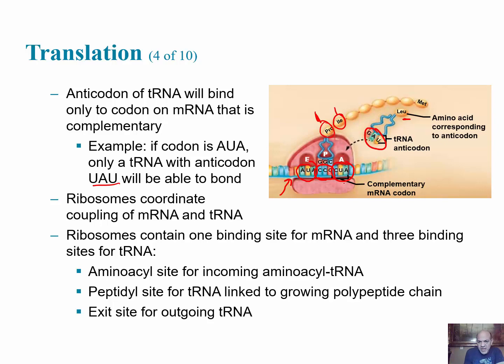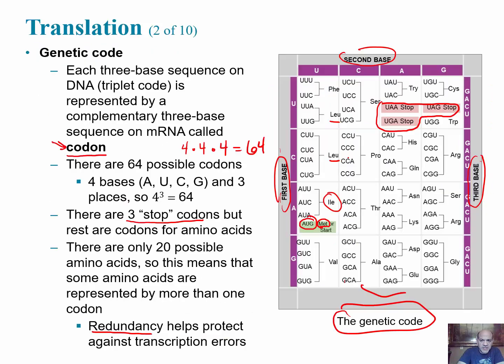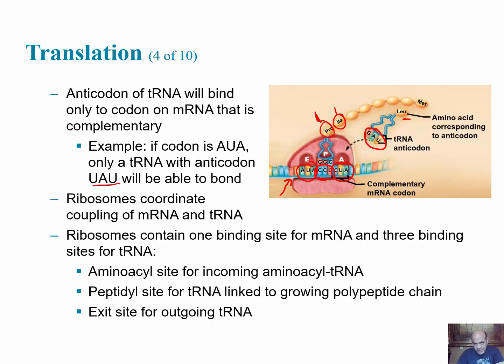So CUA should be the codon for leucine. Let's see if that's the case here. CUA, and it is leucine, so the image seems to be correct as far as the amino acid that we're bringing in right now, according to that codon matching those anticodon. That's a match right there.